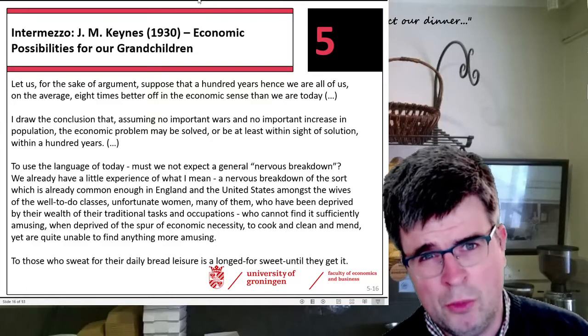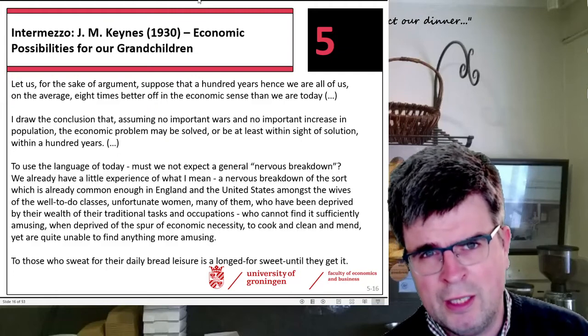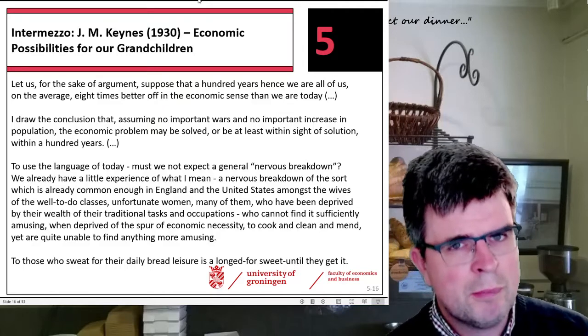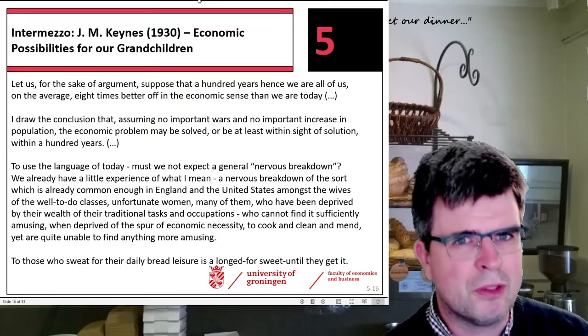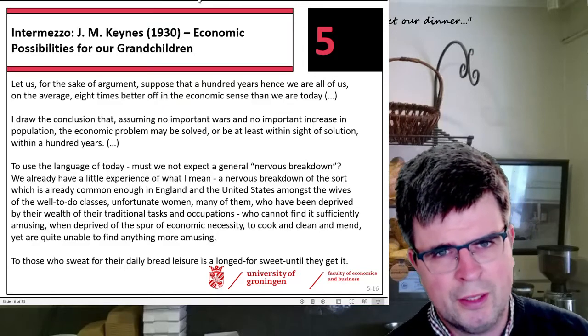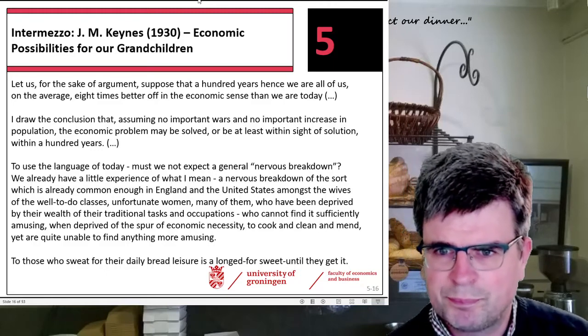And if you look back and you compare the welfare at the time of Keynes in the 1930s to the welfare that we have now, then in an economic sense, we are much better off. We can afford a lot more stuff than the people at that time could.